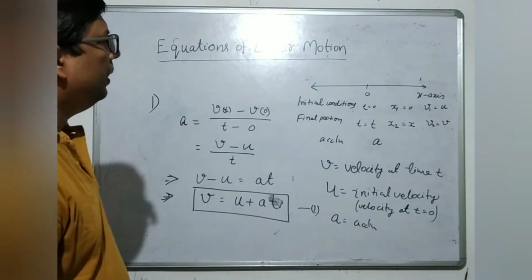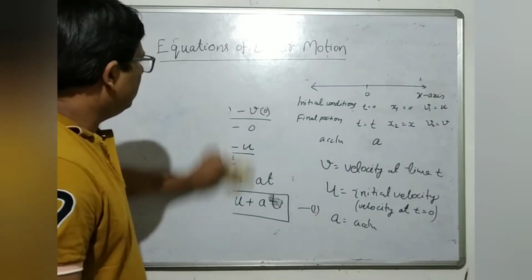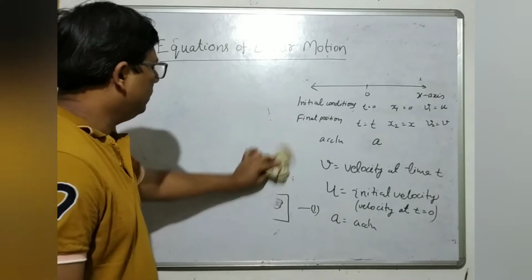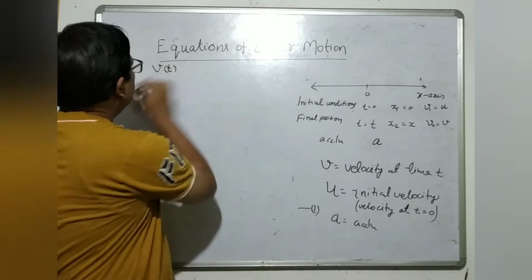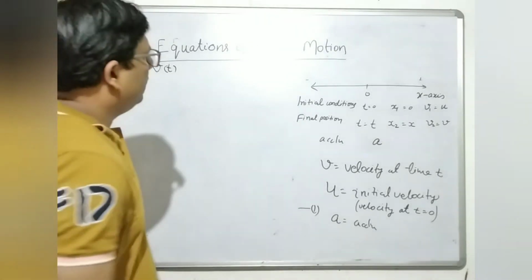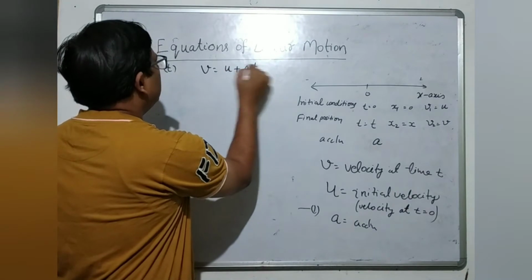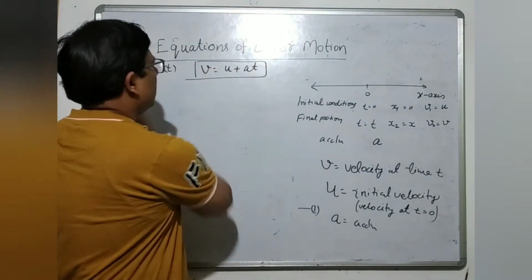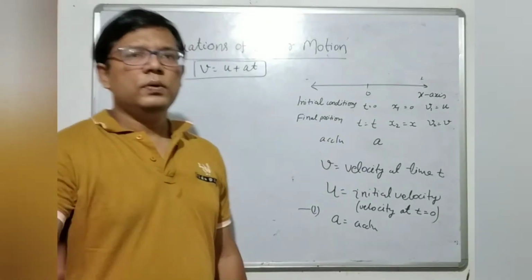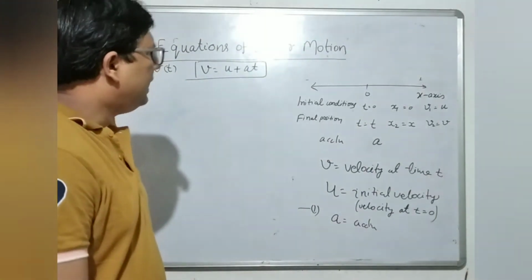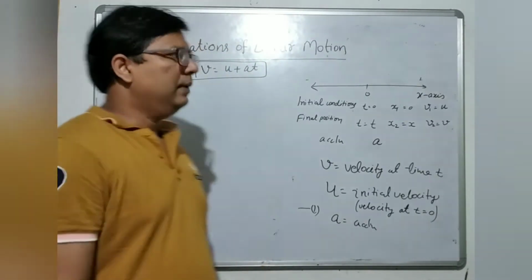In this way we have achieved the velocity with respect to time, and that is given by v equal to u plus at. Okay. Now our target is how displacement changes with respect to time.